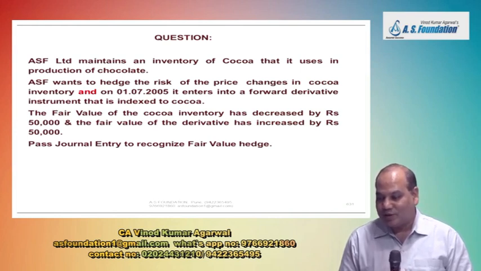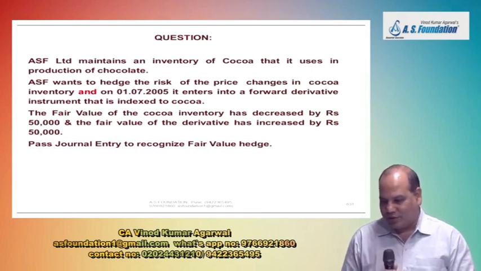ASF wants to hedge the risk of price changes in the inventory of cocoa, and on 1/7/2005 it enters into a forward derivative instrument that is indexed to cocoa. The fair value of the inventory has decreased by rupees 50,000 and the fair value of the derivative has increased by 50,000.